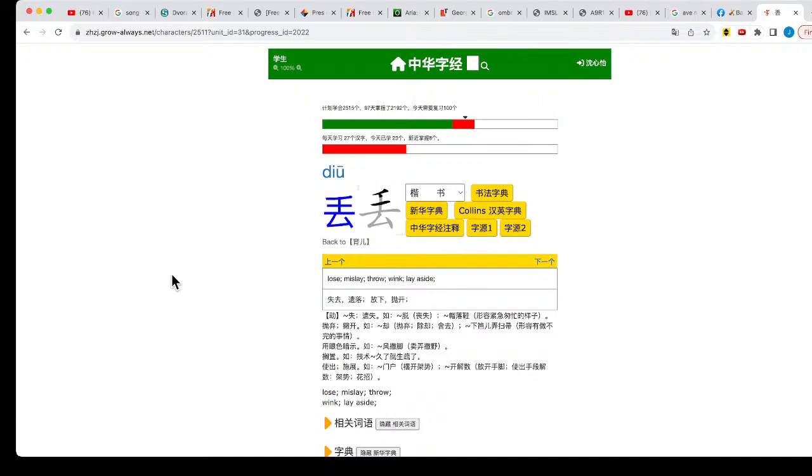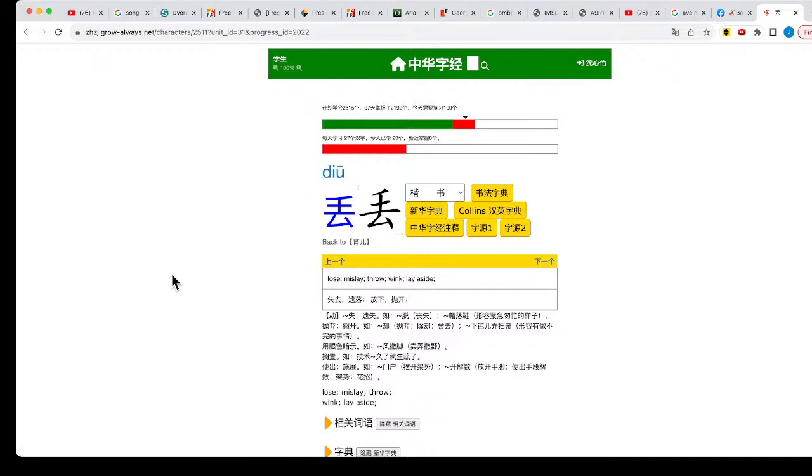Diu. Diu means loss. Loss means mislay, or throw away, or lay aside. Okay, so basically you lost something. It also means intentionally getting rid of something, which is also called diu.